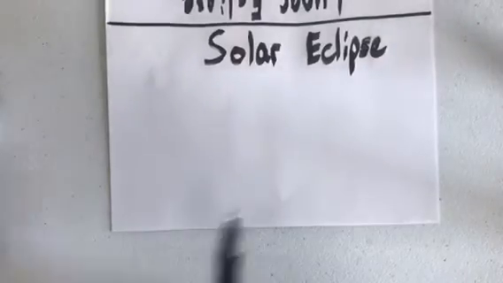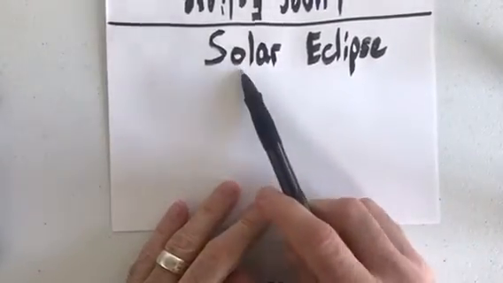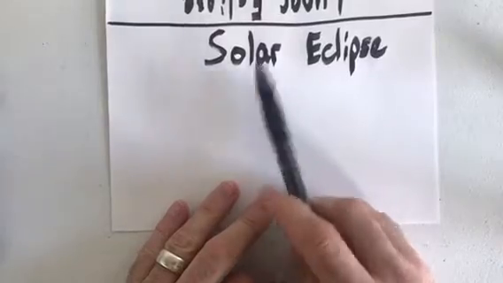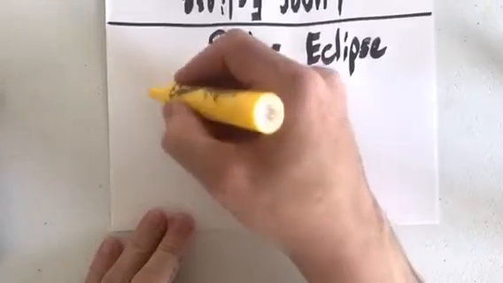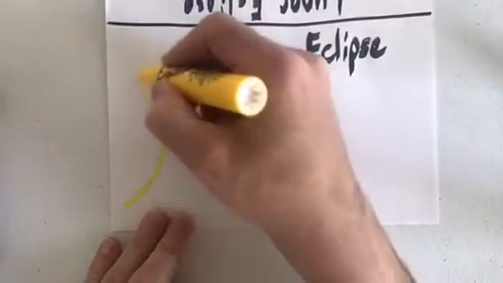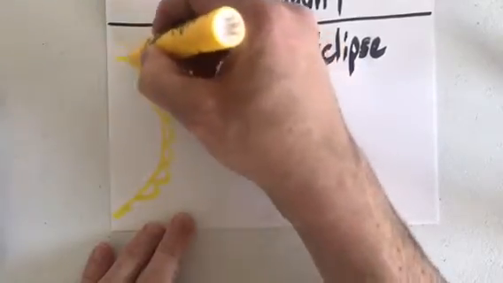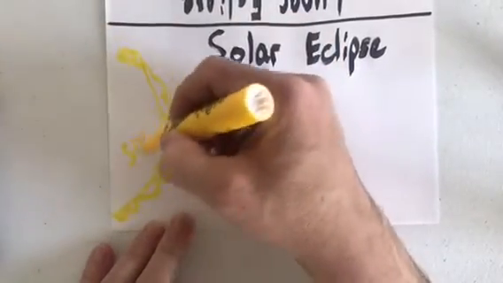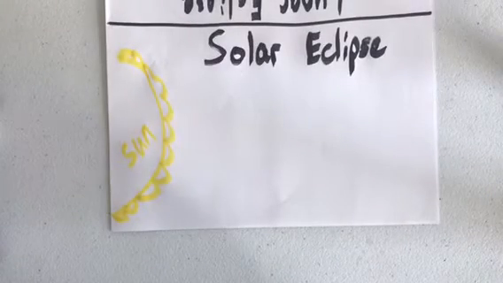Last eclipse was lunar, and that was dealing with the moon. This one is solar. That means it is dealing with the sun. Let's start off with our sun this time. I'm going to draw our Earth again.